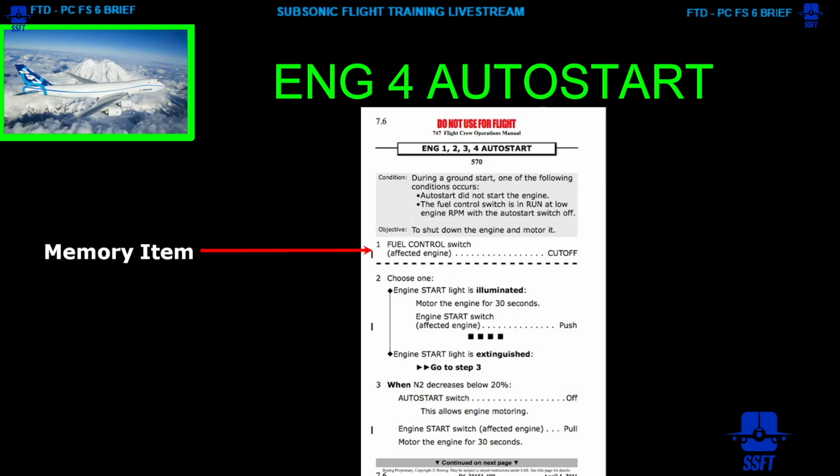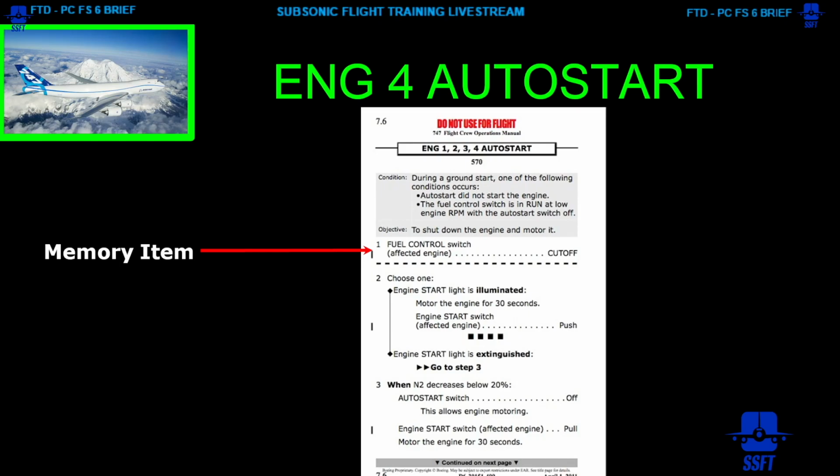We are going to have an auto start problem, and remember the auto start will give us a message after it can't start the engine, and it pretty much covers most items in the 747-400, but it doesn't cover oil pressure if there's no oil pressure, and it doesn't cover if N1 is not rotating.